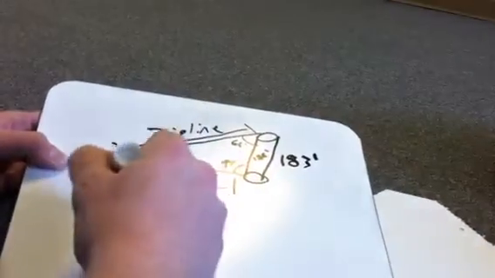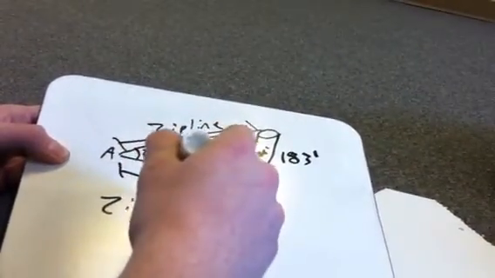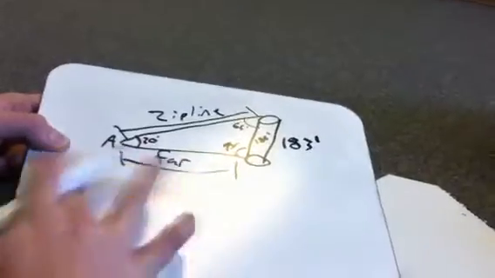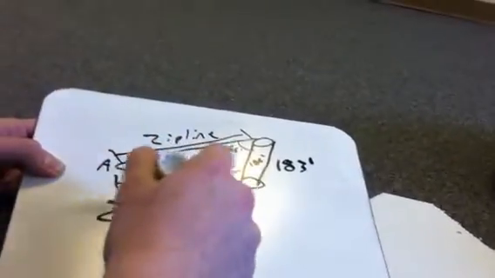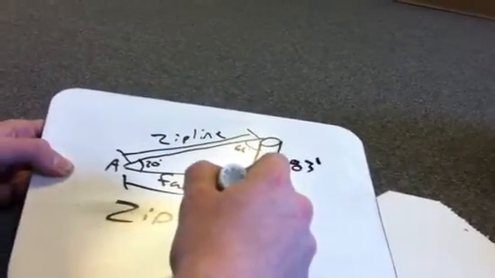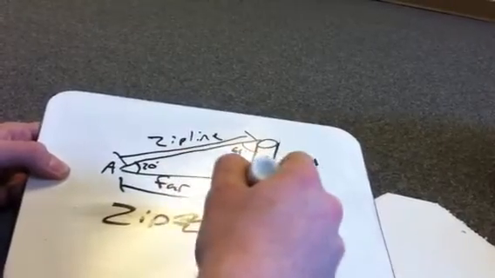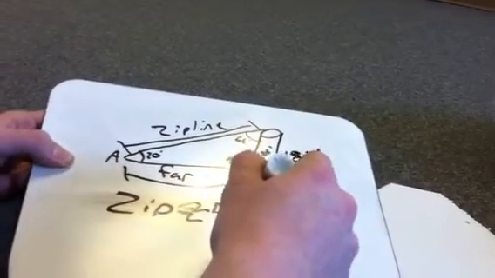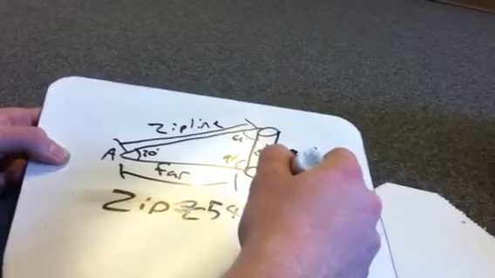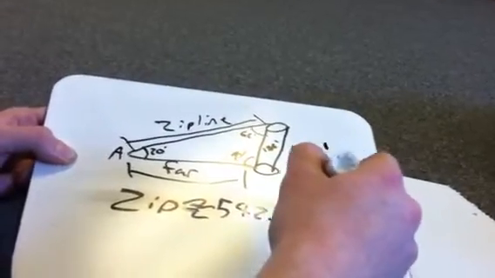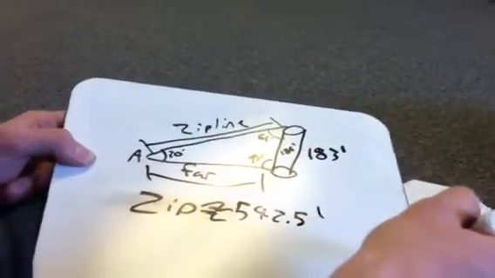you will get that the zip line is about 542 feet, or 542.5 feet.